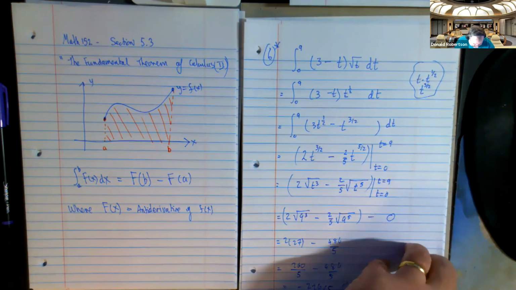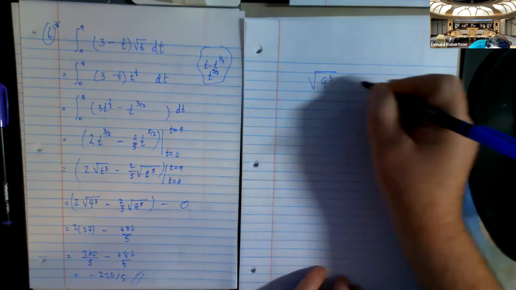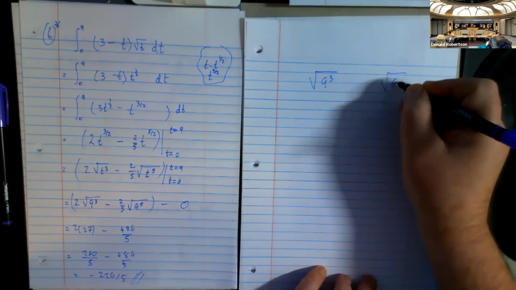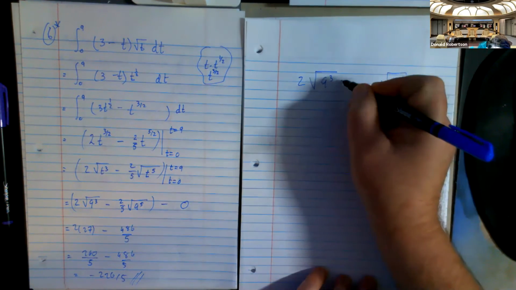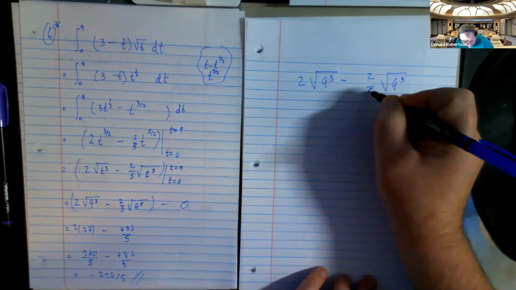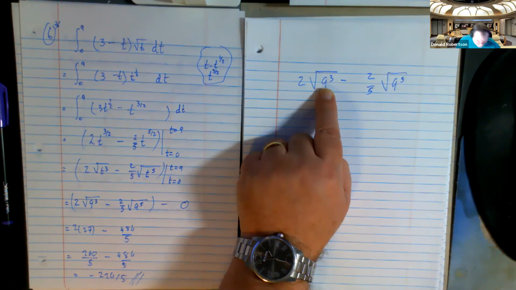Let me show you a little trick. I could find 9 cubed and then get the square root of it. And you're going to have to trust me that it's 27.